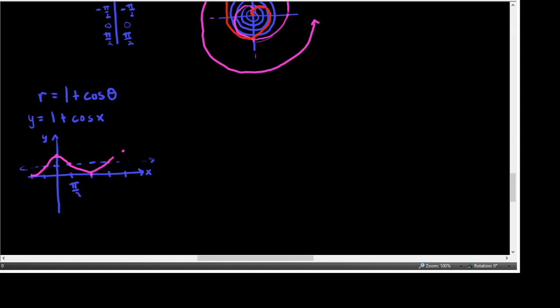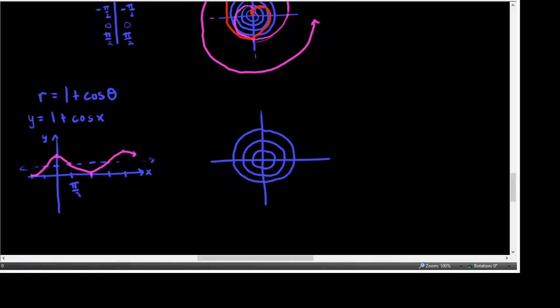So this informs us of a whole lot of points that we should be considering graphing. The highest y value on that graph is 2, so I can safely go out to about 3 and stop. That'll be plenty of information.